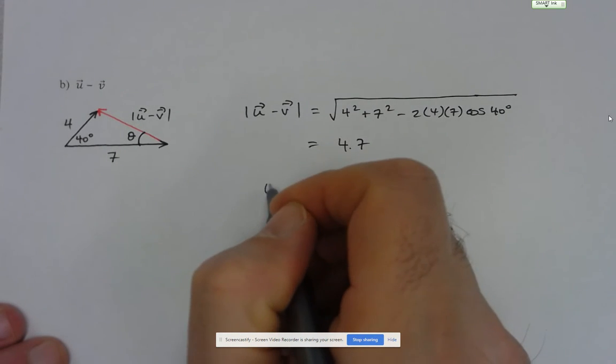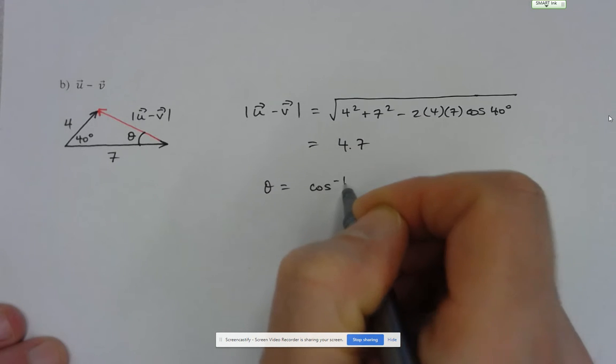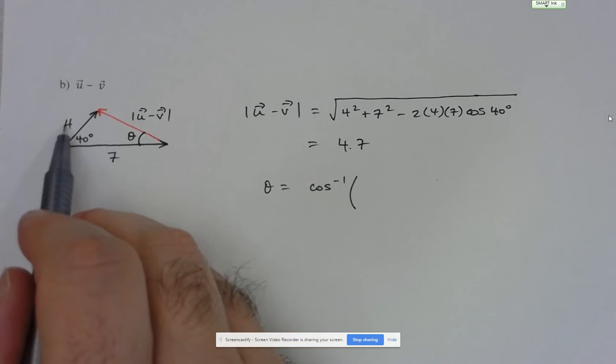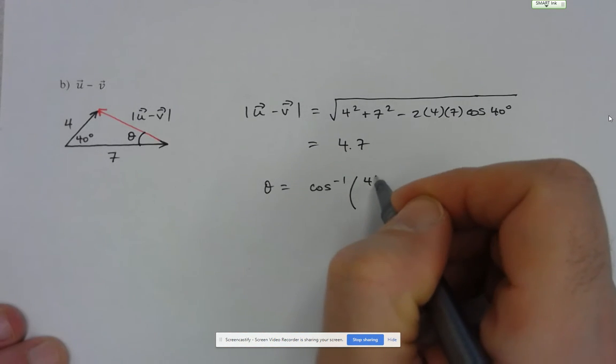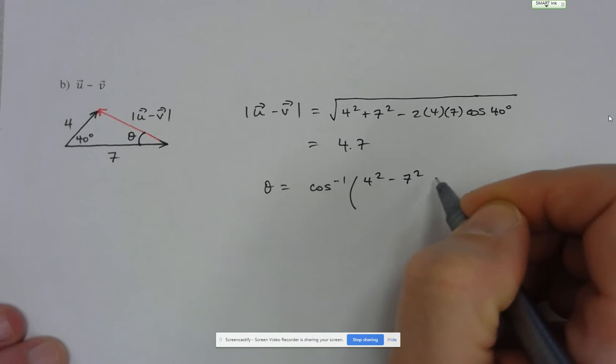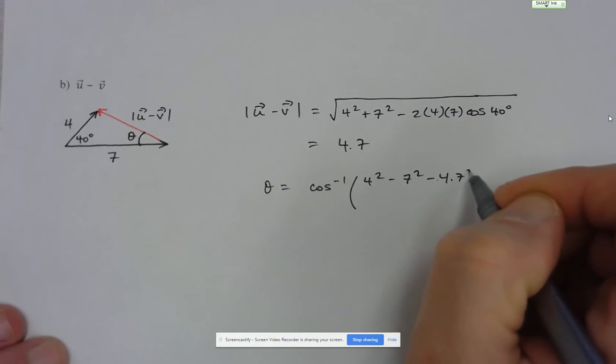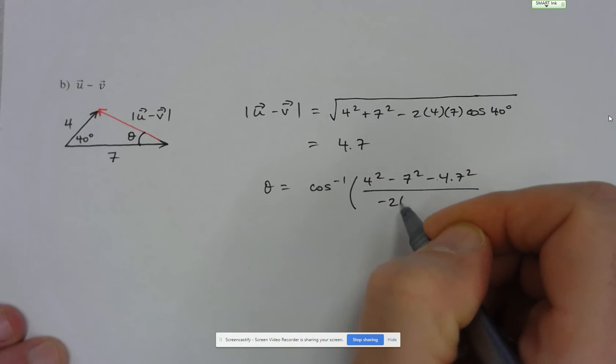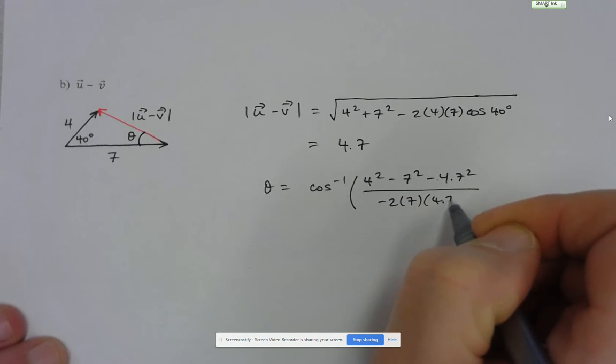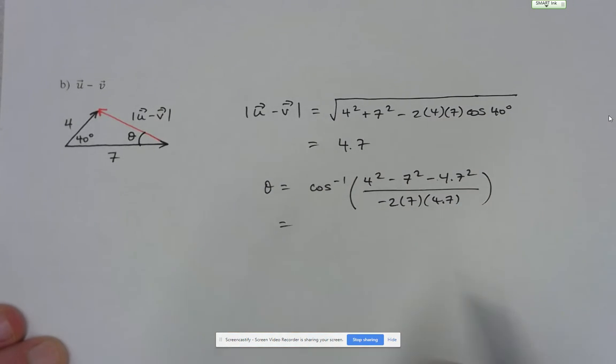So here we have theta is equal to cos inverse of, my opposite side is the 4, so it's going to be 4 squared minus the square of the other two sides, all over negative 2 times 7 times 4.7. Let's calculate that.